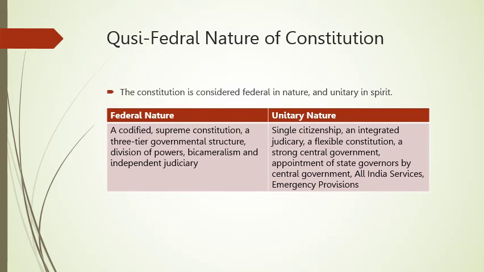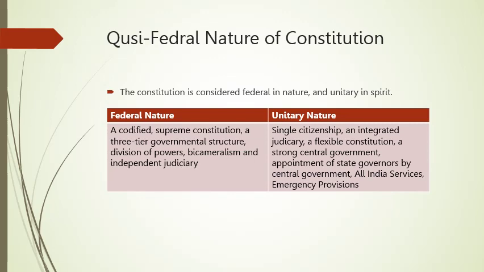However, it has so many features which make the Indian Constitution a unitary constitution. For example, single citizenship, an integrated judiciary, a flexible constitution, a strong central government, the appointment of state governors by the central government, all India services, and emergency provisions. These powers are held by the central government, right?